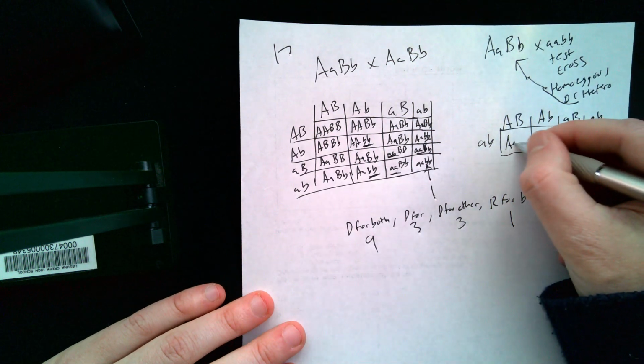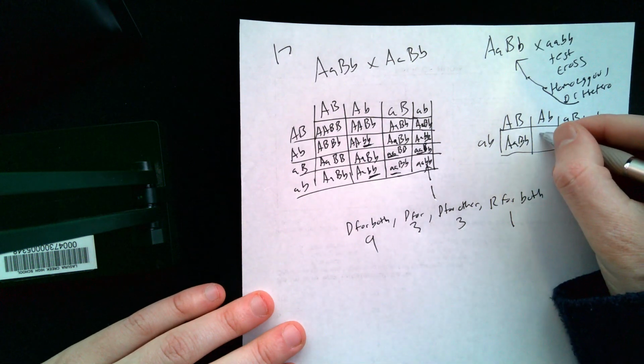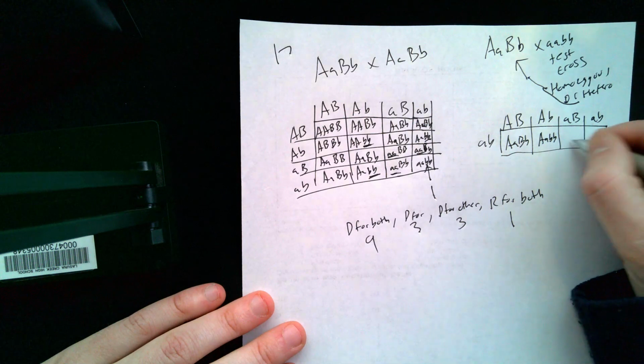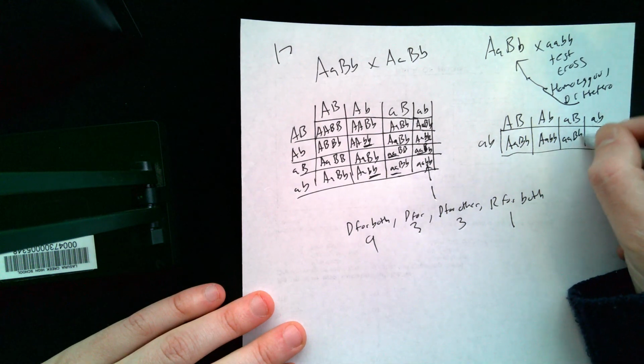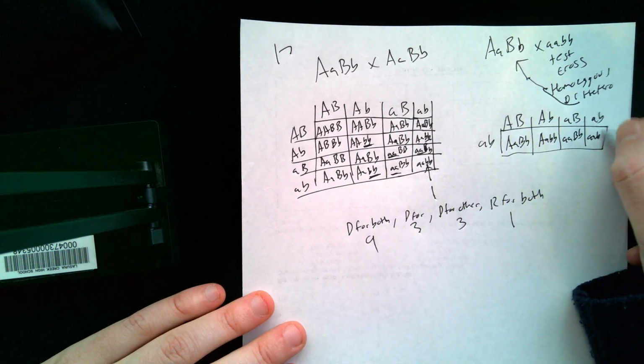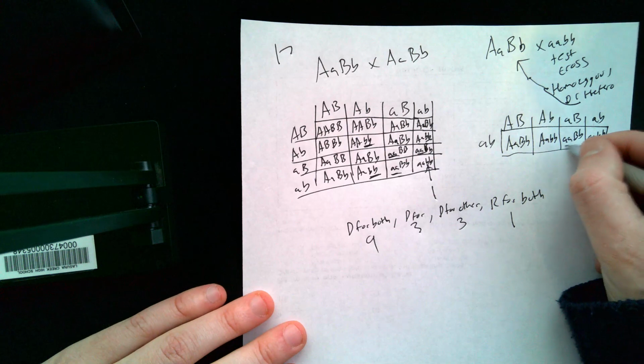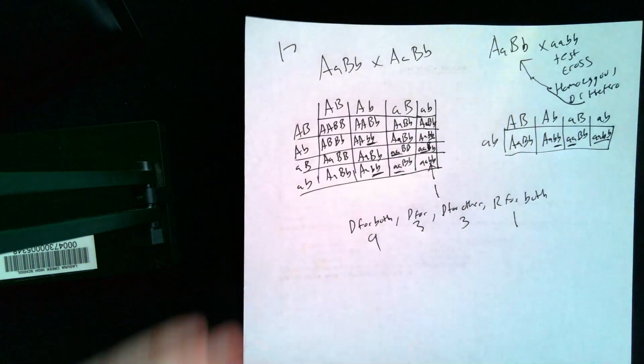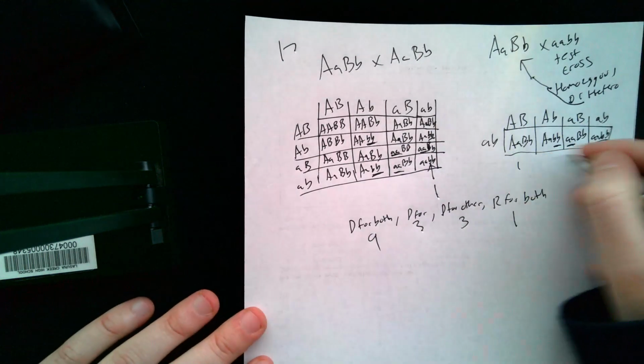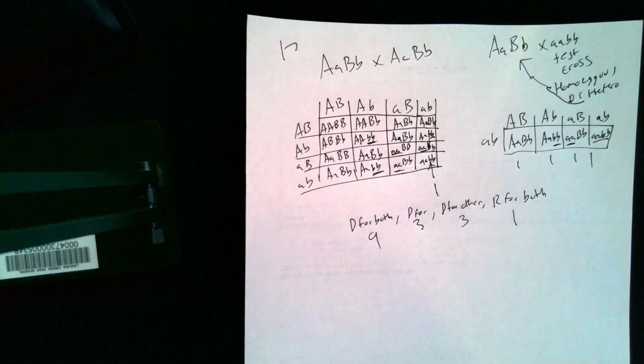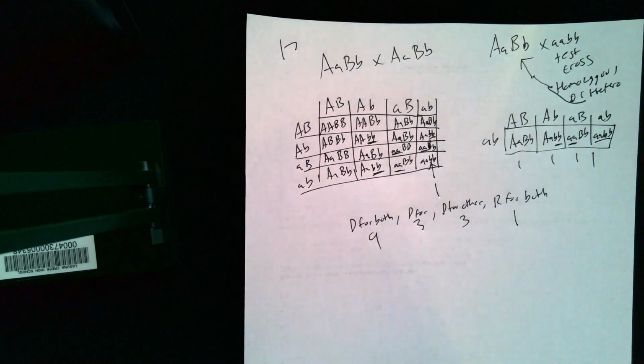For this one here, we can see, okay, this one's recessive for both, recessive for A, recessive for B, recessive for neither. So you get a 1 to 1 to 1 to 1 ratio, okay? So a heterozygote crossed with a recessive gives us 1 to 1 to 1 to 1. A heterozygote crossed with a heterozygote gives you a 9 to 3 to 3 to 1. And that will always be true.